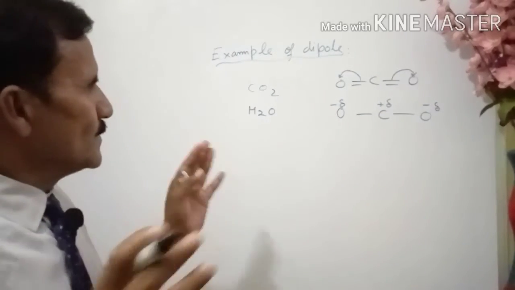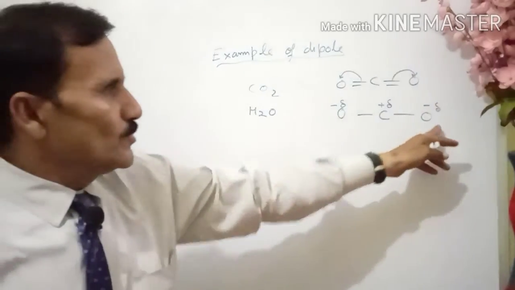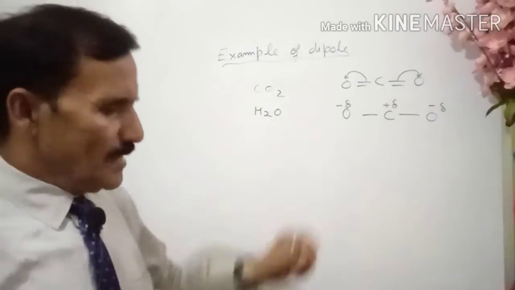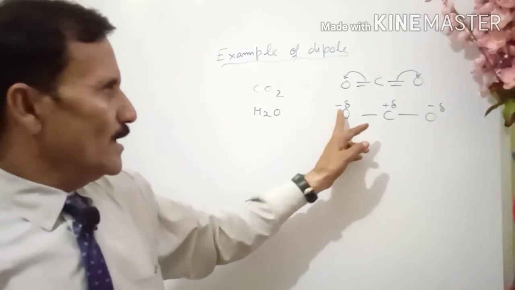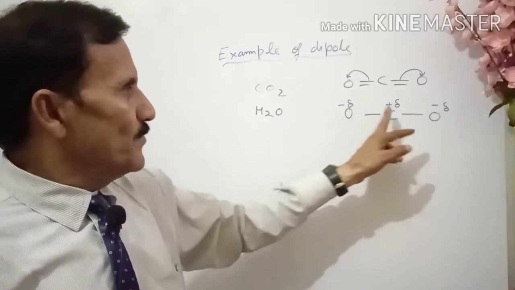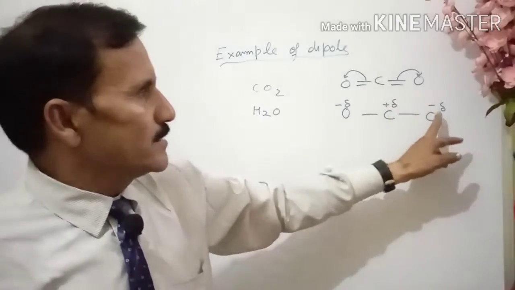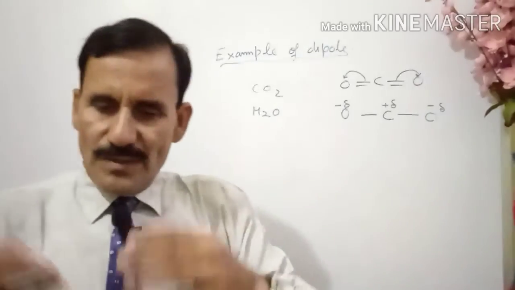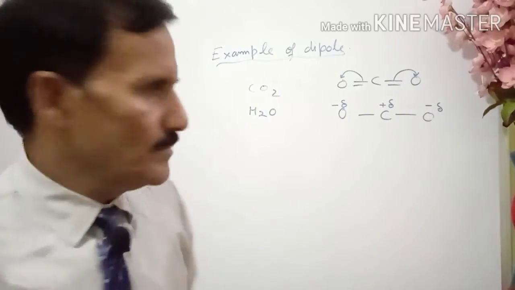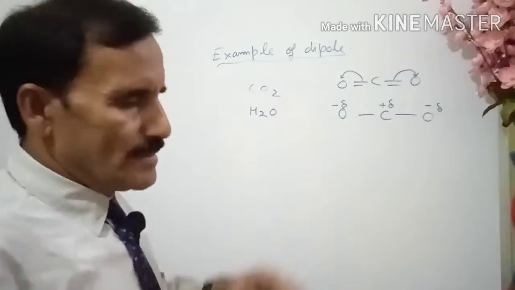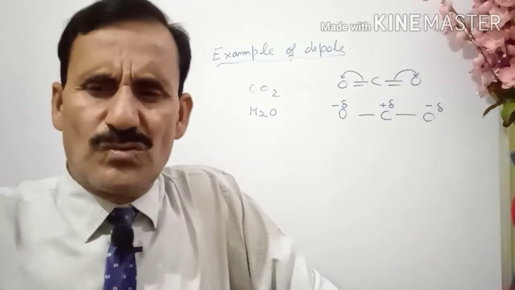So there are two dipoles, but they are not active. Why? Because the electric field due to one dipole cancels the electric field due to the other, because they are parallel. These are parallel in the case of CO2.